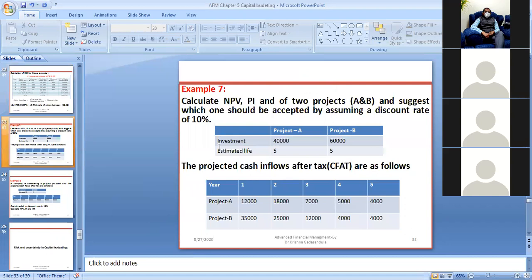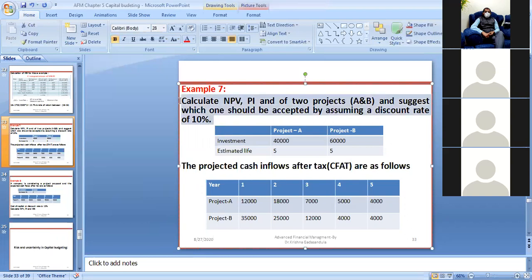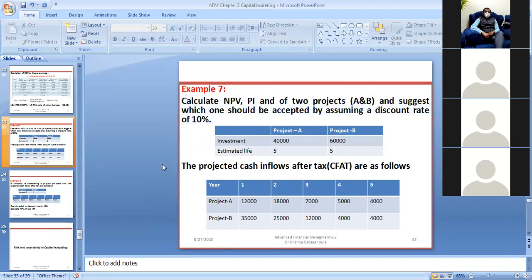So calculate the NPV and profitability index of two projects. Here I'm giving you some examples for calculations. Just calculate NPV, IRR and profitability index for the following projects. In your examination, NPV calculation and profitability index calculations may come. Be careful.